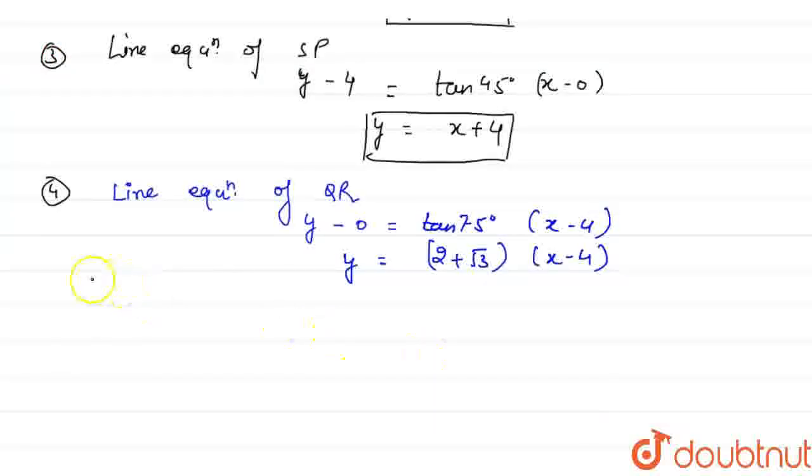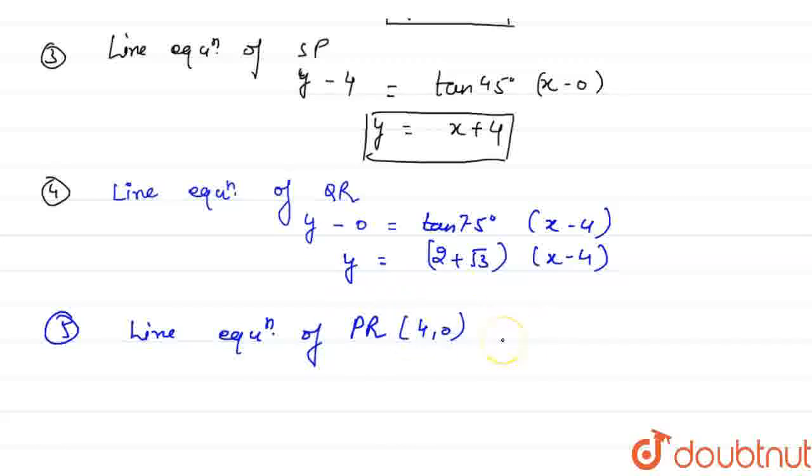Now the fifth line equation, of PR, which is passing through 0, 4 with an angle of 15 degrees.